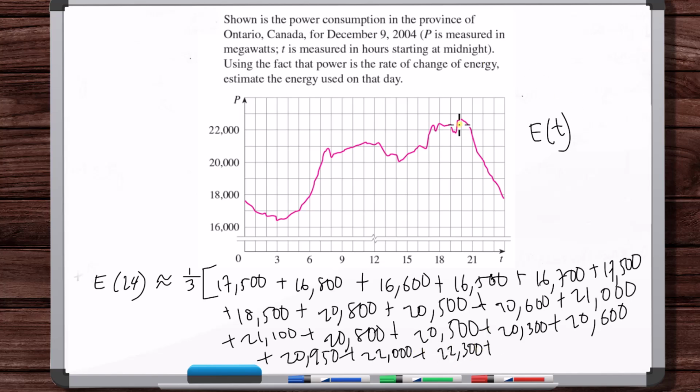Then 21,900, then about 20,500. Now here that's 20,500 and then 19,500. Now here 18,500.